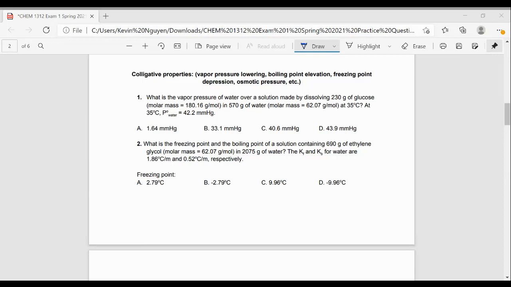So what is the vapor pressure? We don't need to rearrange the equation in any way yet. So the vapor pressure of the solution is equal to the mole fraction of our solvent, water, times the pure pressure of water.